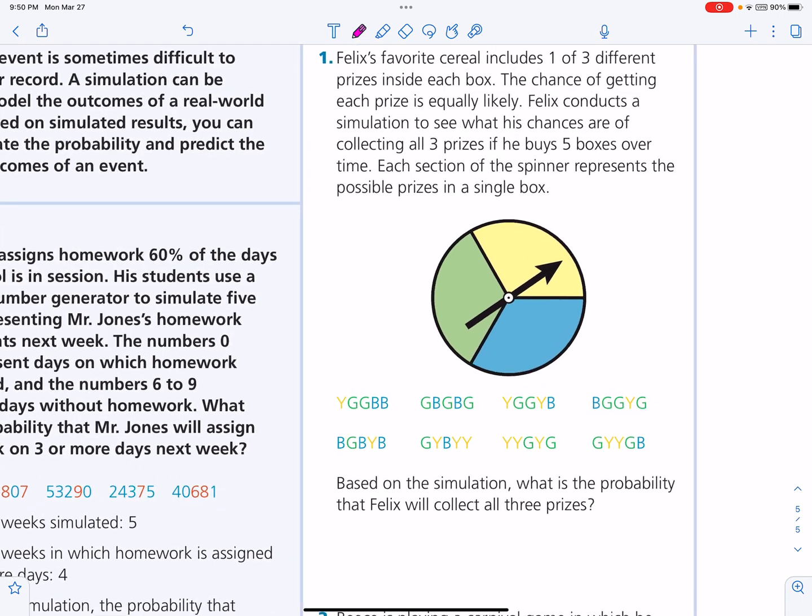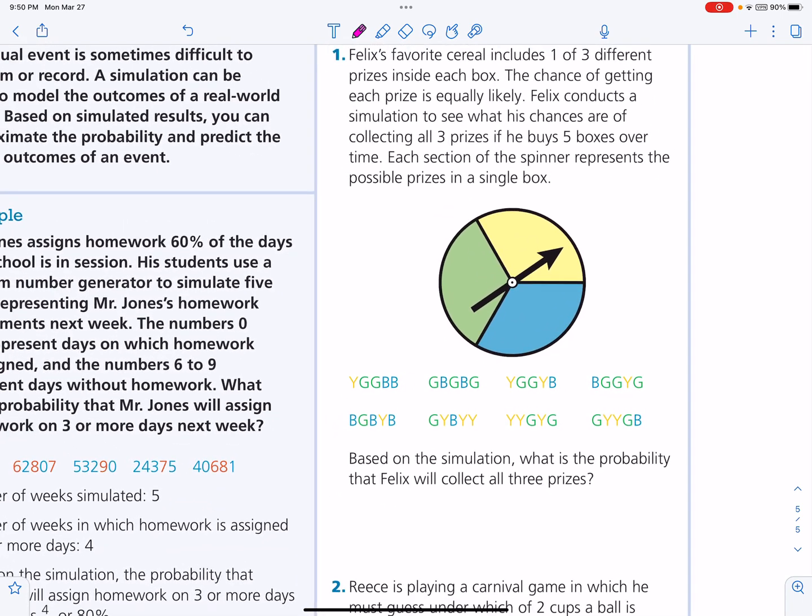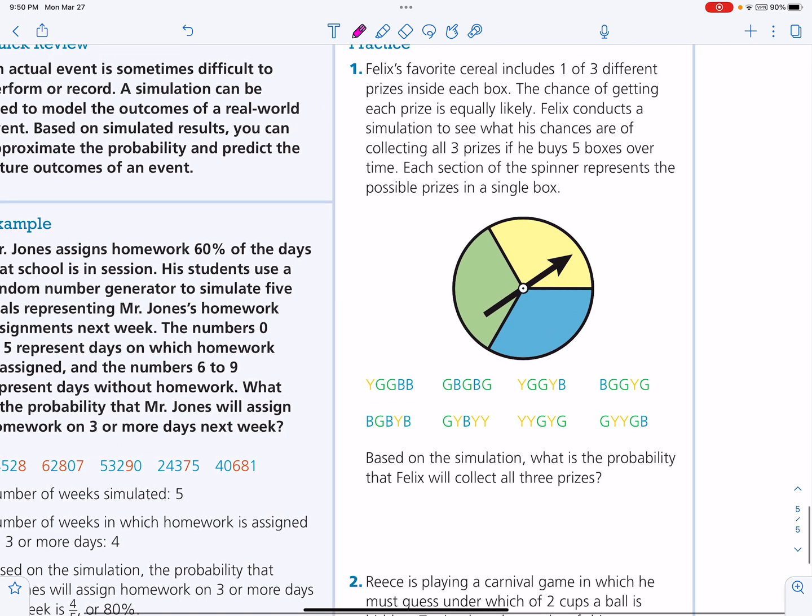Okay, and so what you can see, he tested pretending we have box 1, box 2, and so on. So he pretended that there's 5 boxes and spun the spinner and collected data. So this is like a trial of reaching in 5 boxes and seeing what he would get.